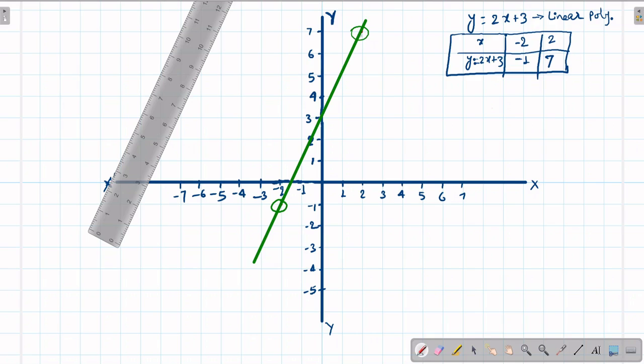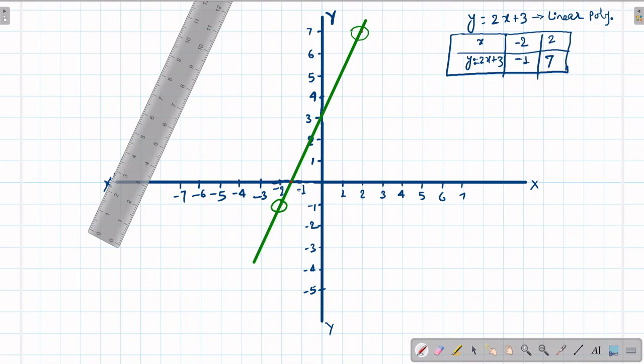You find that you are getting a straight line, since this is a linear polynomial and a linear polynomial always gives you a straight line. You also find that this line is intersecting the x-axis at this point, which is somewhere in between -1 and -2.